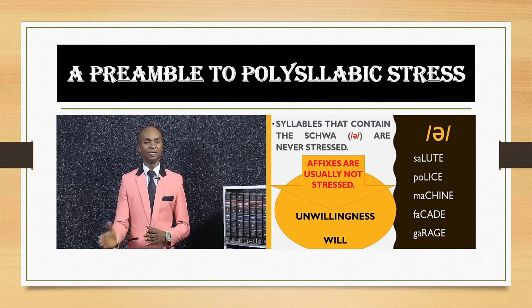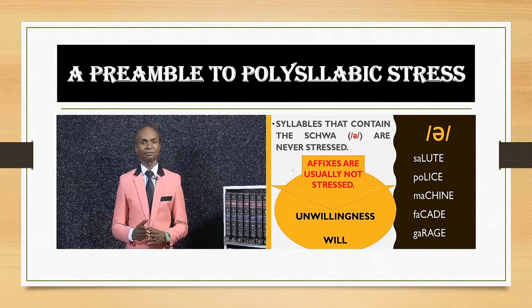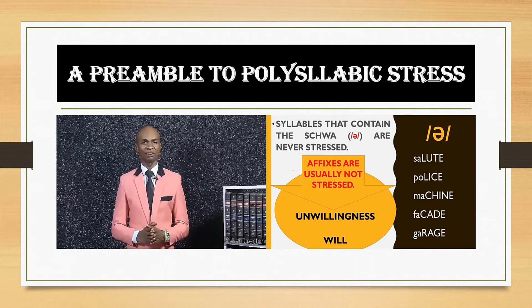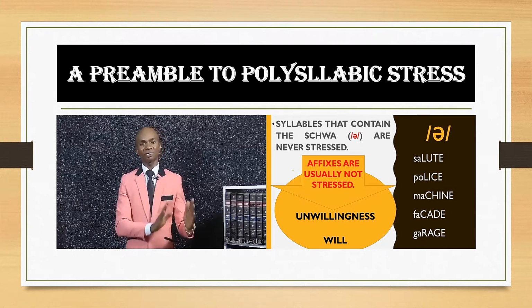In a word like police, machine, charade, facade, garage, you discover that the syllable that contains the schwa does not take stress. The same thing applies when the schwa is found in multisyllable words. Any syllable containing the schwa sound is not stressed.